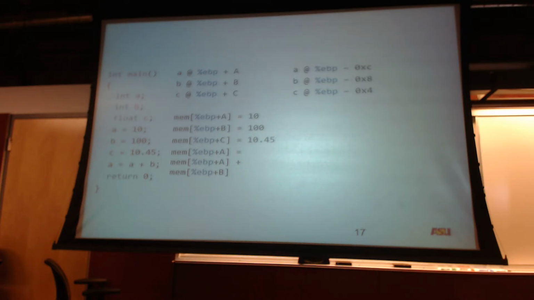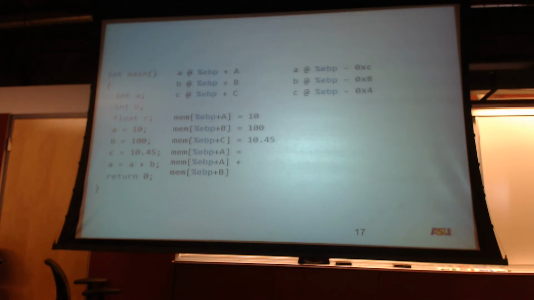Now we want to push A. Push decrements first, so we go here. We don't put any value yet, but this is reserved for A. Now we decrement again. So we go here. That's the value reserved for B. We decrement again. We go here. That's the value reserved for C.